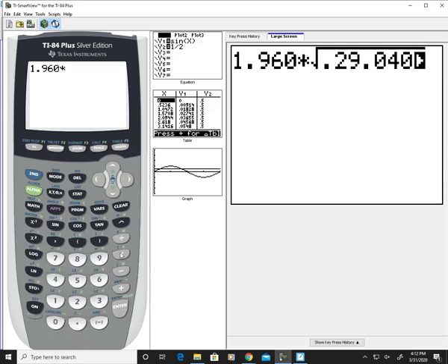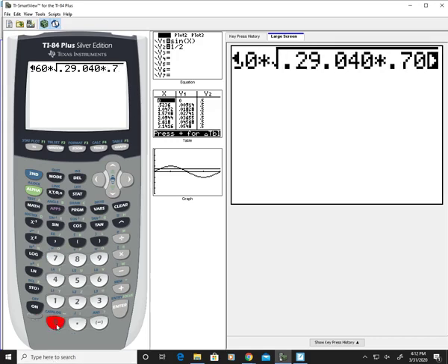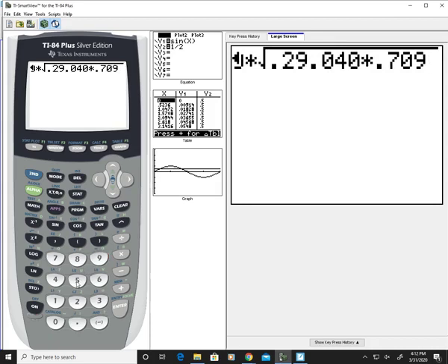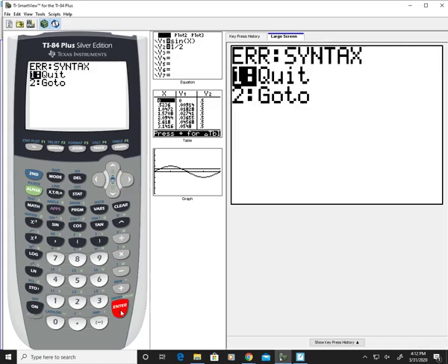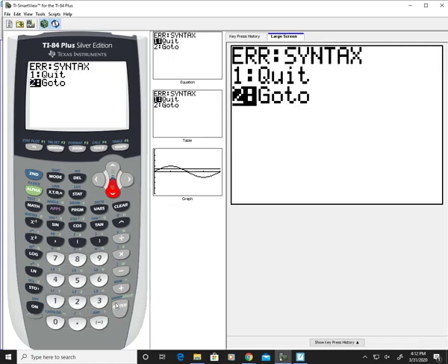Then times q, 0.709598, so I don't have to round that, and then divided by 1219, and I have to make sure that's all under the square root, so I have to close my parenthesis.